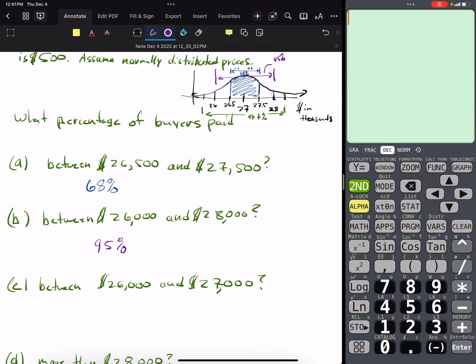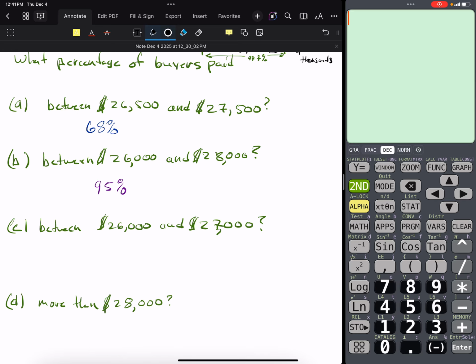That's just this area. So if I redo my sketch down here for this problem alone, that's my mean at 27,000, and over here at 26,000, that's 2 standard deviations below, so I'm going to put another tick mark there.